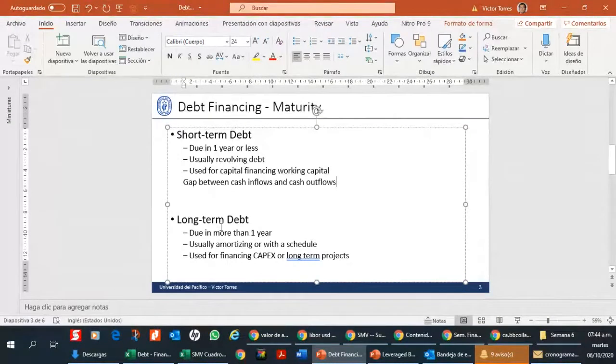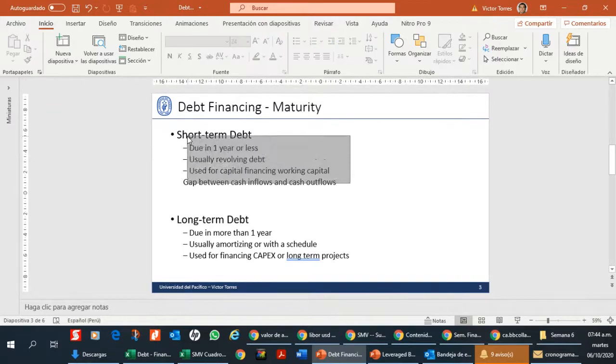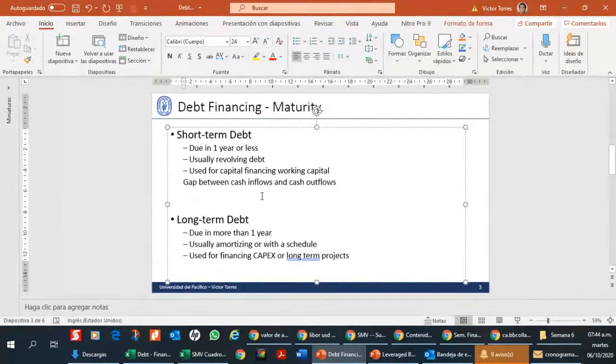A critical thing that you're going to find when you analyze companies that are in financial distress, and what's currently happening in several small enterprises, is that they use short-term debt, which is easier to get, to finance long-term projects, long-term assets, capex in particular.